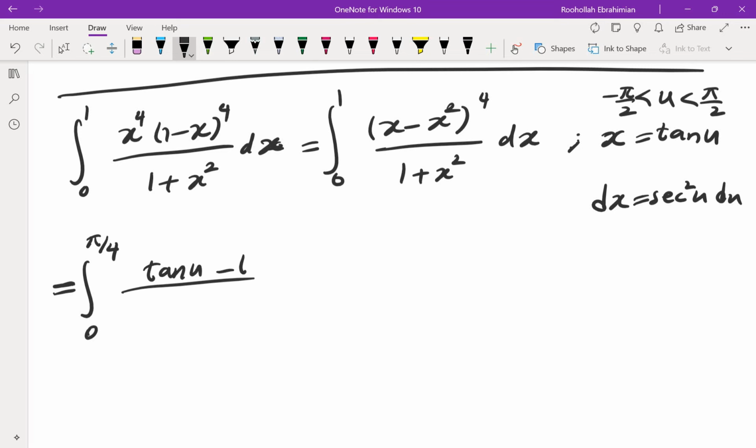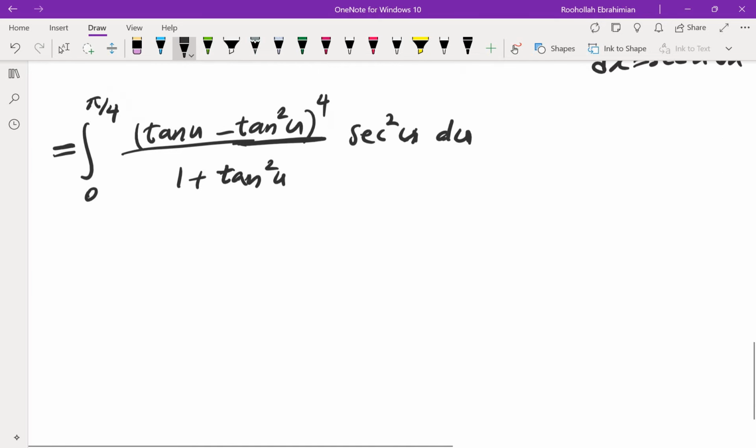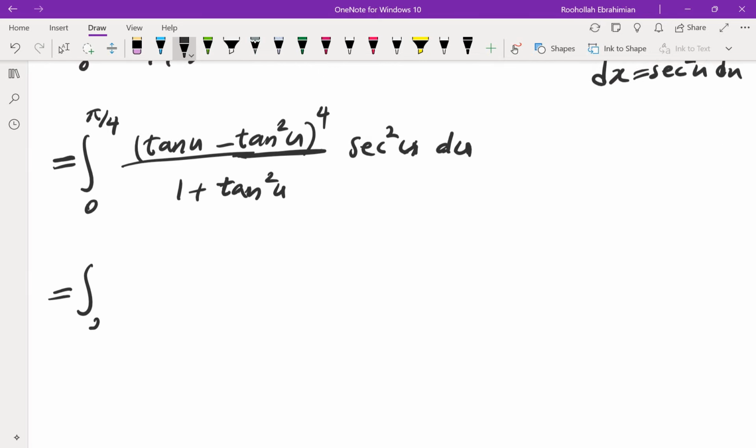We get tan u minus tan squared u to the power of 4, divided by 1 plus tan squared of u, times secant squared of u du. So that's equal to the integral from 0 to pi over 4.